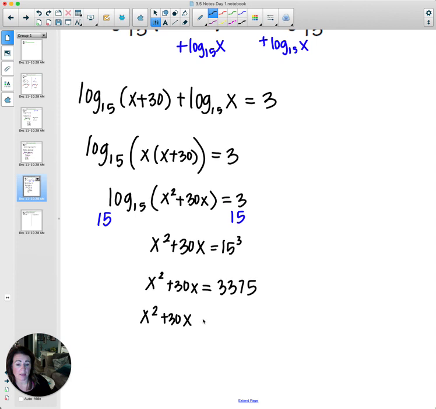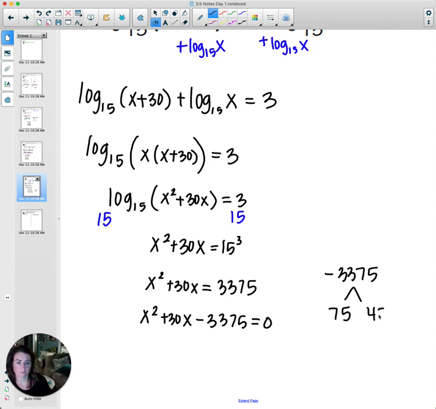So subtract that over so that you can factor. Then find factors of negative 3375 that add to 30. That's going to be 75 and 45.